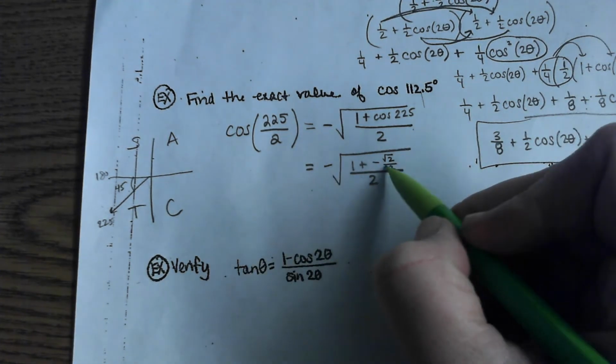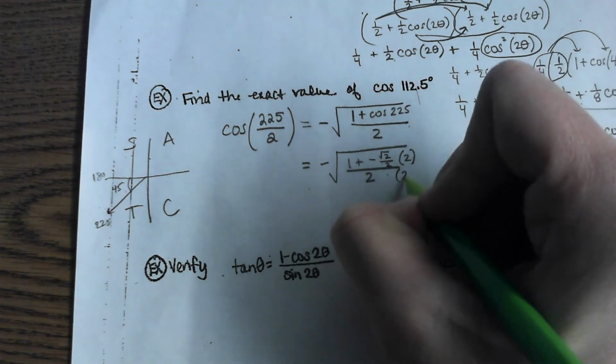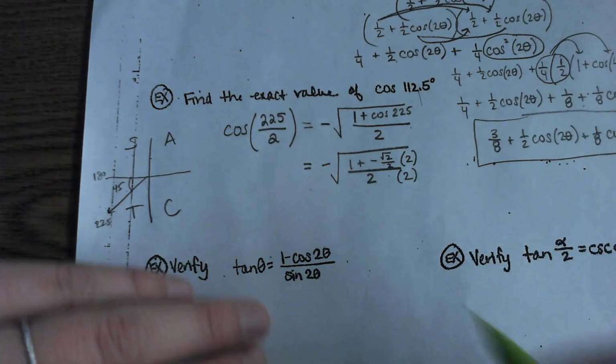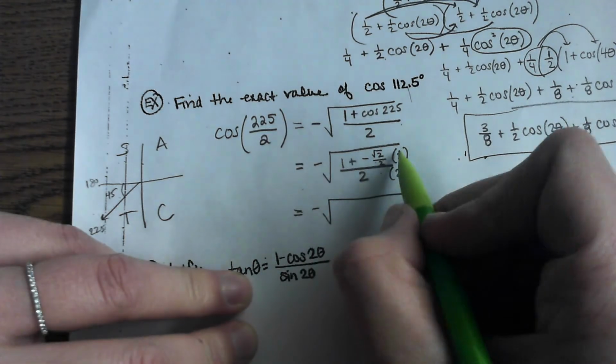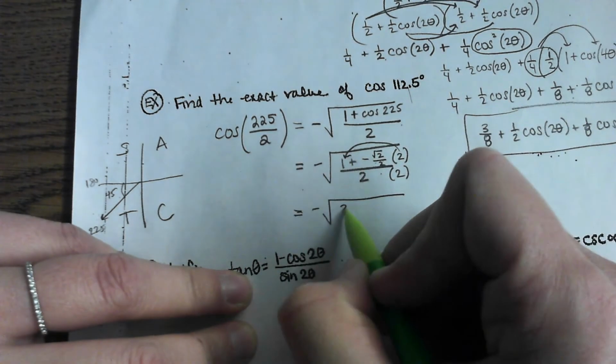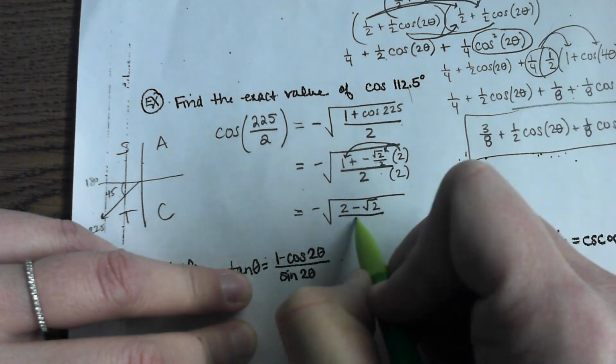To clear this complex fraction, the mini denominator is 2. I say you just multiply by 2 over 2. And your complex fraction will be gone. So we have negative square root. On the numerator, distribute your 2, you get 2 minus root 2 all over 4.